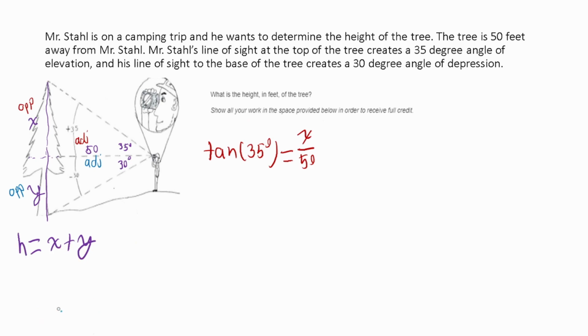Let me switch colors. And for my bottom triangle, it's going to end up being basically the same thing. We're just swapping out that angle measure. So we're going to write tangent of 30 degrees is equal to, now it's y over 50. So these are basically the same problem, just with different angle measures.